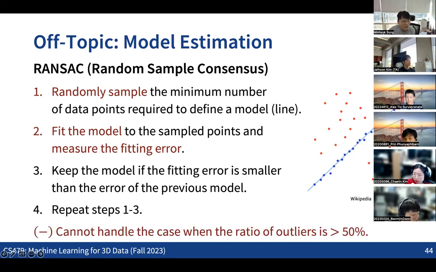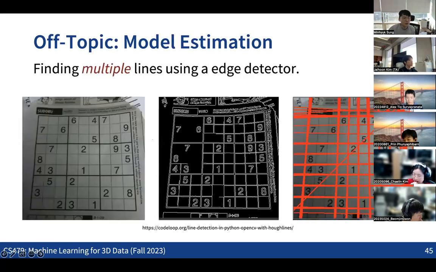But the downside is that this idea only works when the number of outliers is not too big. If we have many outliers, even more than 50%, it is really hard to find the best model even with RANSAC. For example, when we want to find not a single model but multiple models like this.